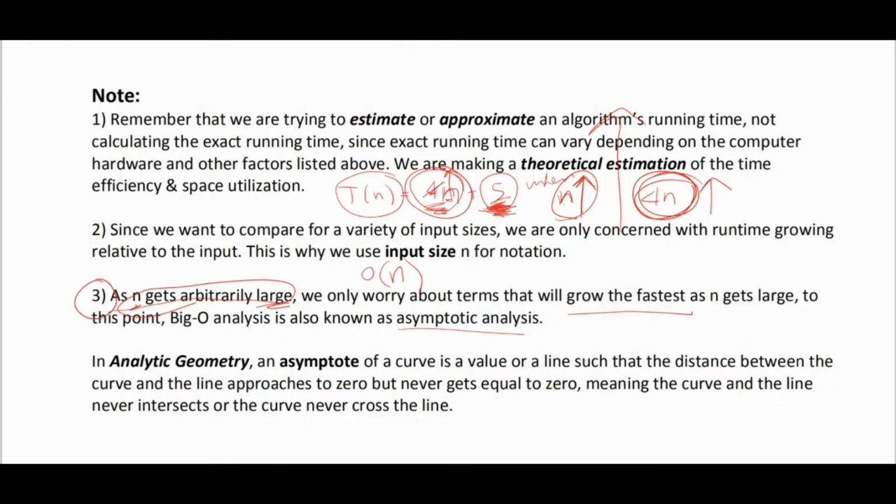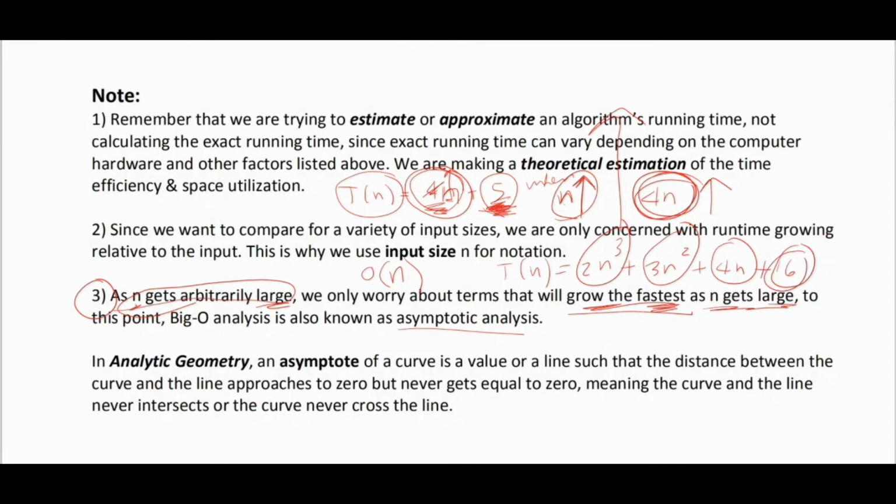Say for example, our T of n is 2n cubed plus 3n squared plus 4n plus 16. If that is our T of n, which of these four terms, the first, second, third, and fourth, grows the fastest as n gets very large?